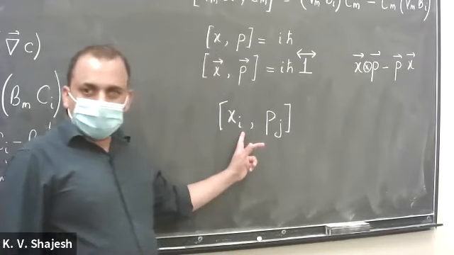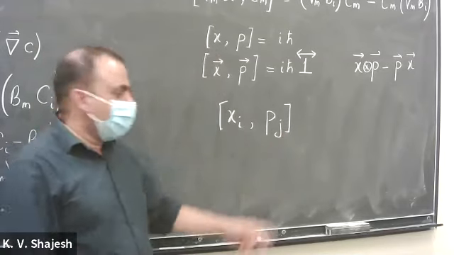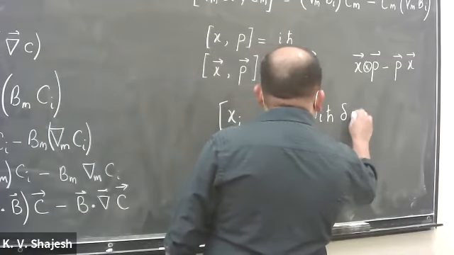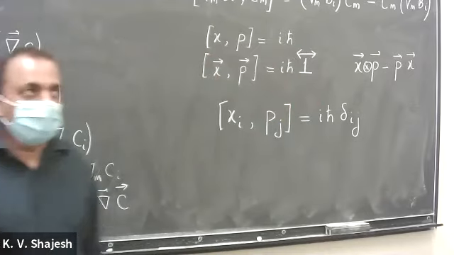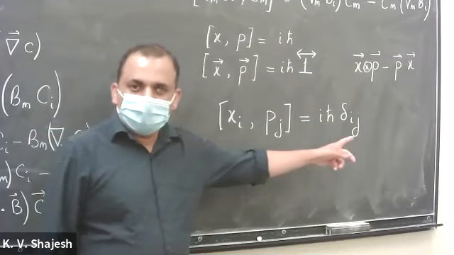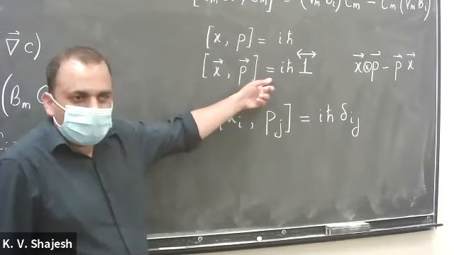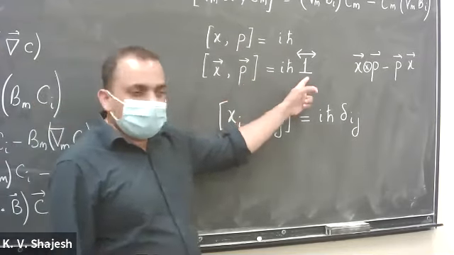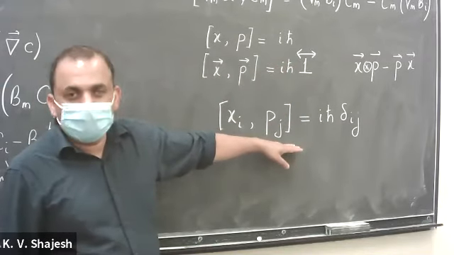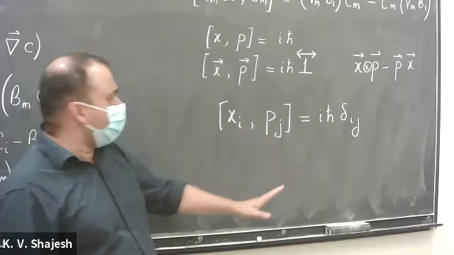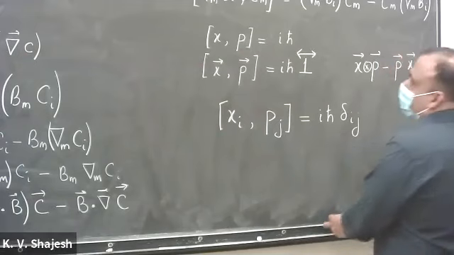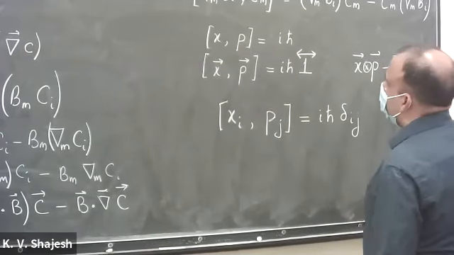This can take 3 components, this can take 3 components, and that's equal to iħ δ_ij. So that should be very clear. But often this is written in that form in dyadic notation. This is called dyadic notation. But this is what we are doing, so let's concentrate on this. Any questions on that? But you'll see that in quantum mechanics we won't work on it too much.